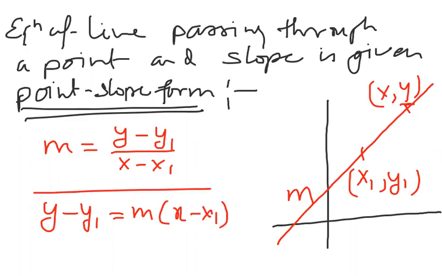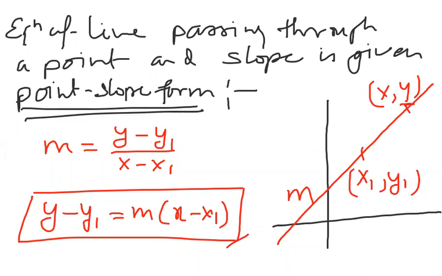This is the equation of the line when x1, y1 and its slope m are given. In that case, the equation will be y minus y1 equals m(x minus x1).